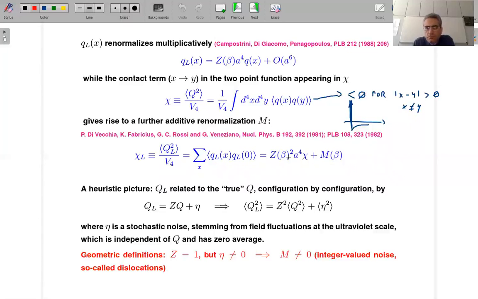Then the final question was, is the cooling canceling both of them actually, or more this additive one?